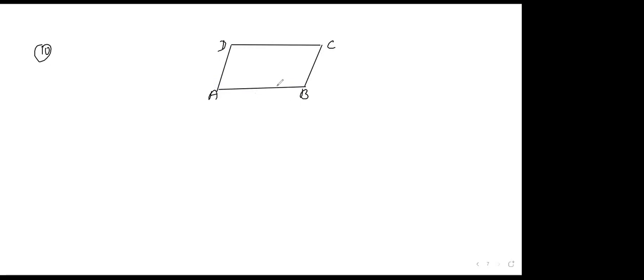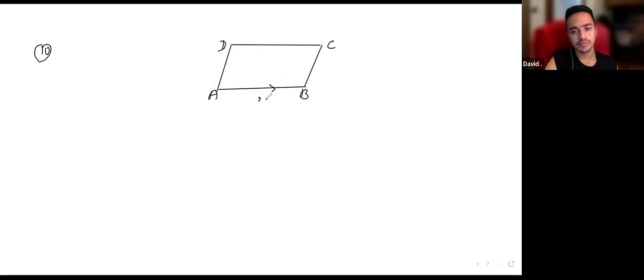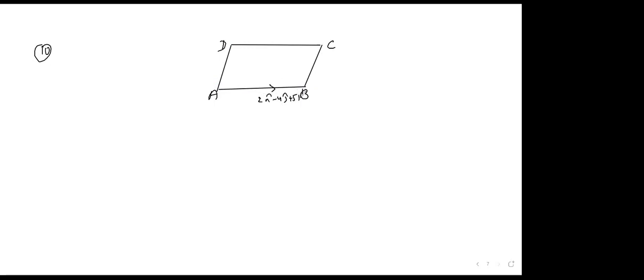Let us suppose AB is 2i cap minus 4j cap plus 5k cap, and BC side is i cap minus 2j cap minus 3k cap.